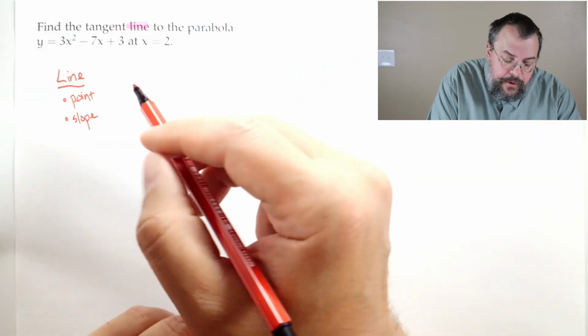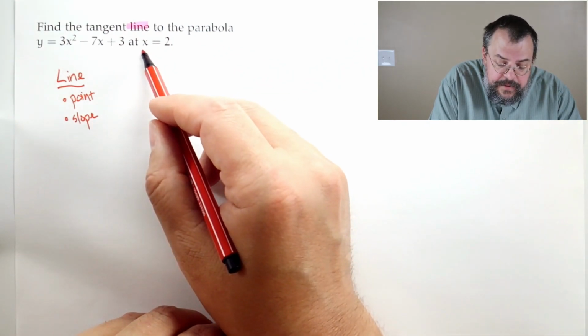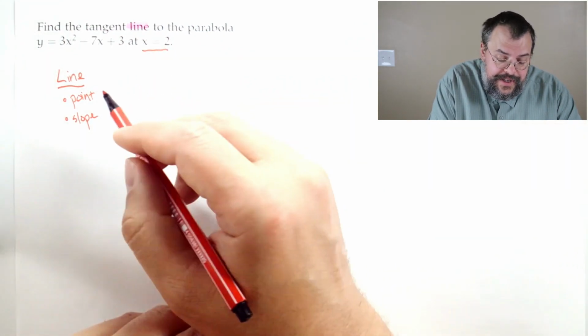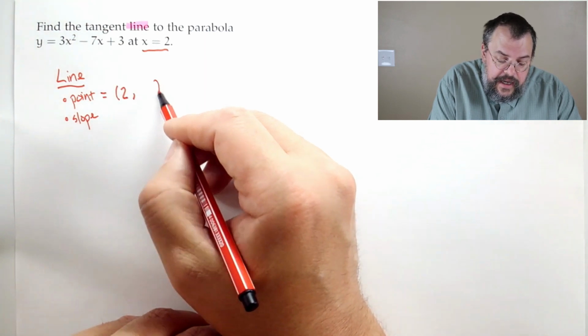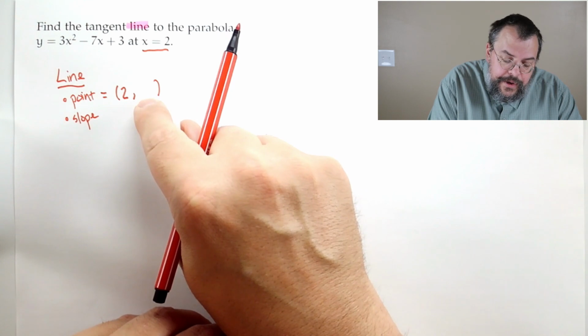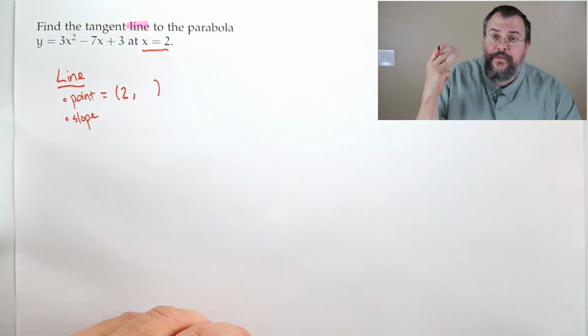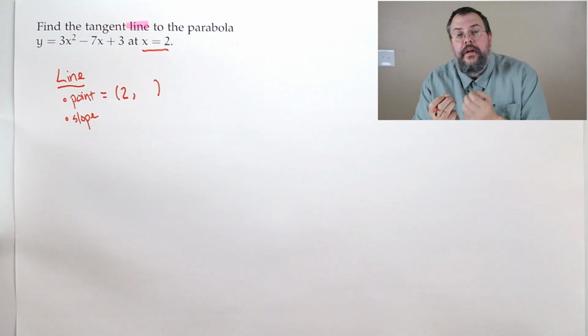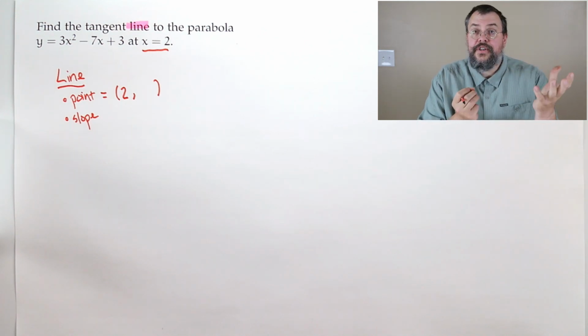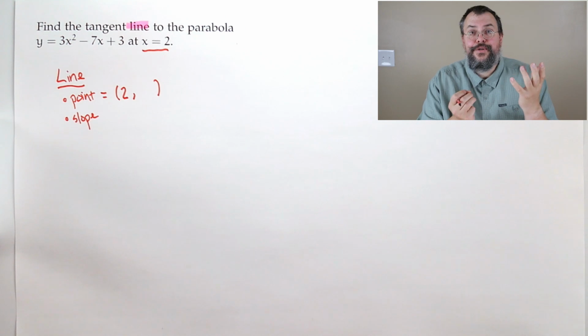That means it's probably the easy one right now. So how do we find our point? Well, we actually have some of our point. We're at 2, so let's use that, comma. And now how do we find the other part? Here's our chance to remember, what does it mean to be a tangent line? Tangent means touch. So we're going to touch the curve at 2.